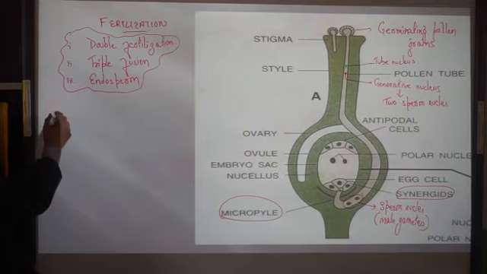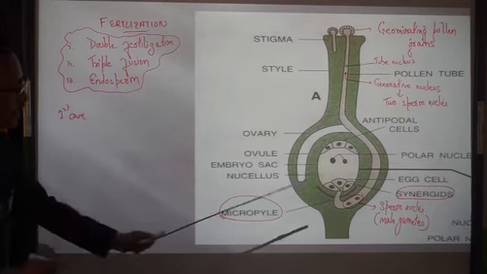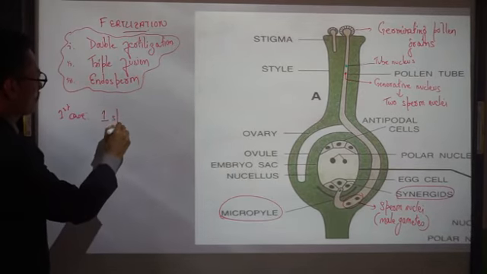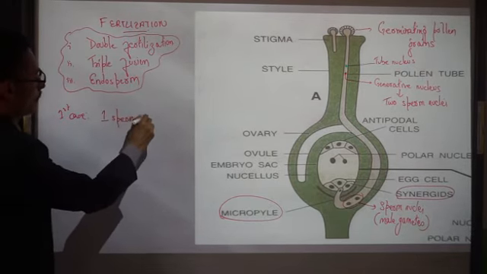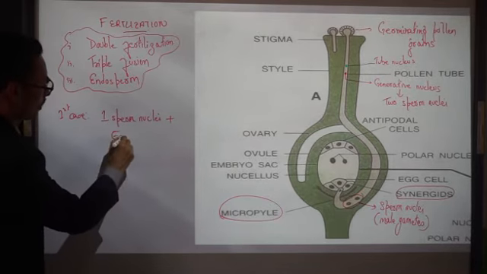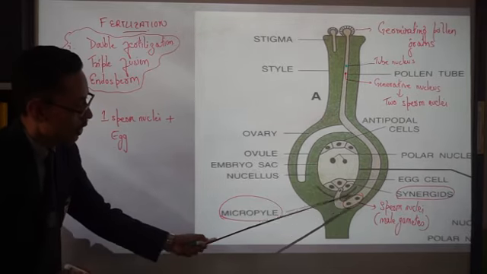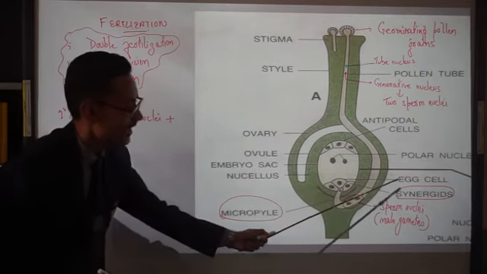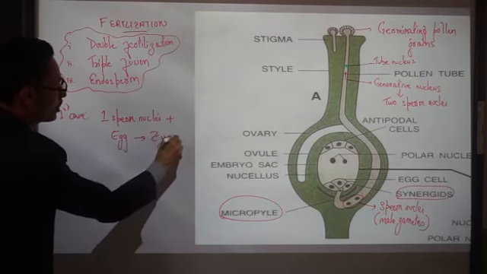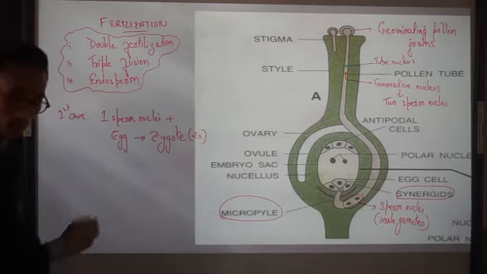Now, let's see the process. In the first case, out of the 2 sperm nuclei, one sperm nucleus will fuse with the egg. Clear? So out of the two sperm nuclei, one will go and fuse with the egg cell, and it will lead to the formation of a zygote, and the zygote will be diploid. Clear?